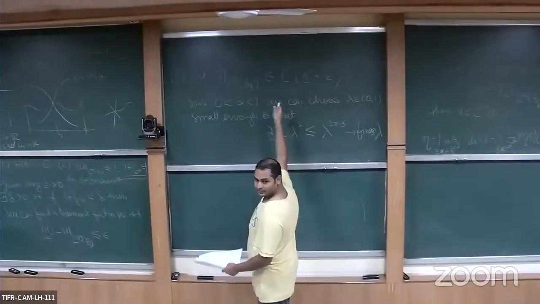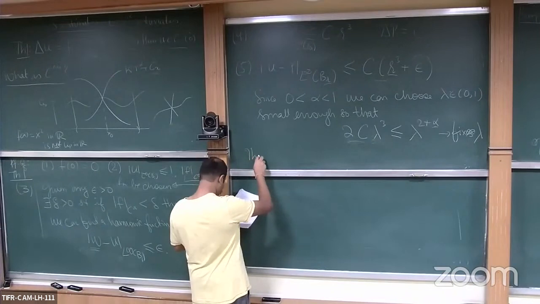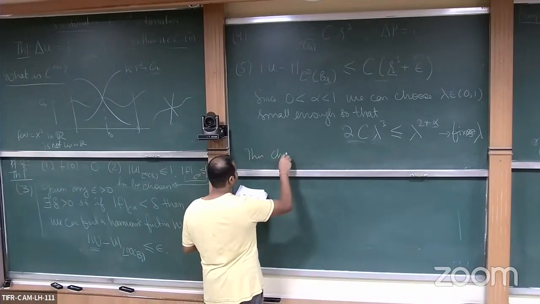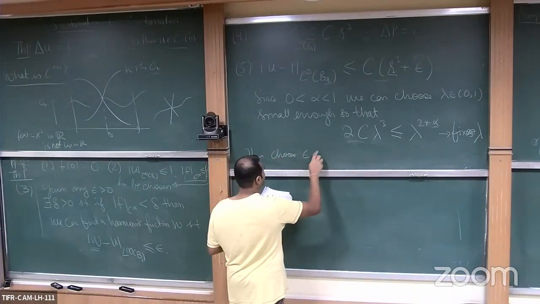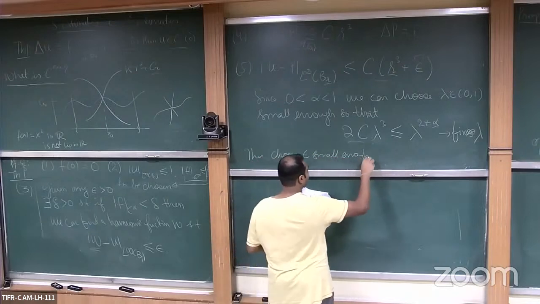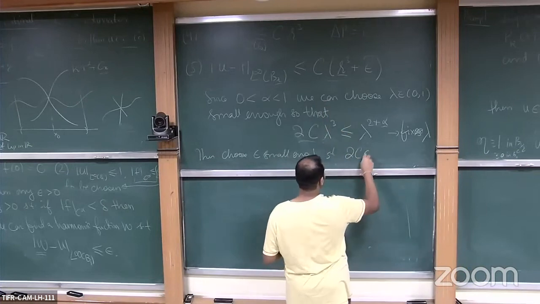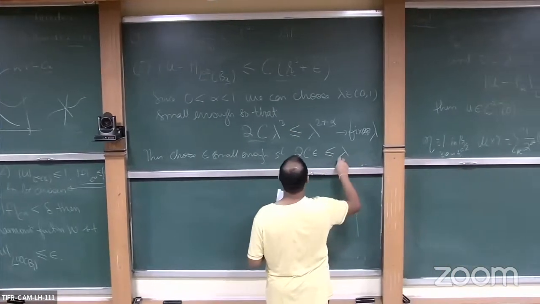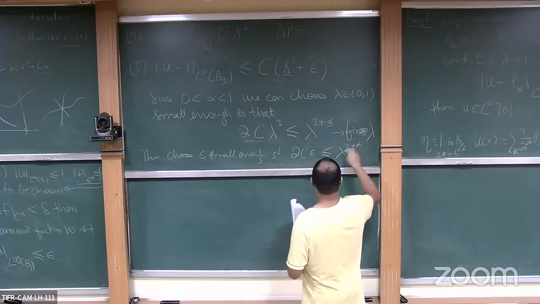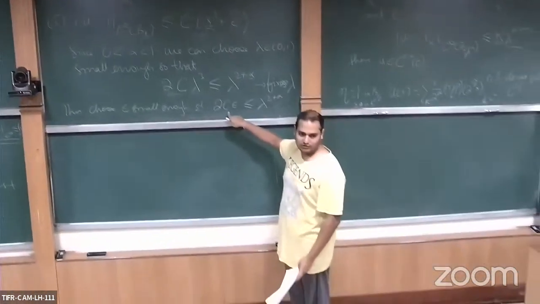Now I just have to fix epsilon. So then use epsilon small enough, again below 1, such that again 2 C epsilon is less than or equal to lambda to the 2 plus alpha. Again, let's be clear on the dependence. Epsilon depends on C and lambda. C has nothing to do with the solution.